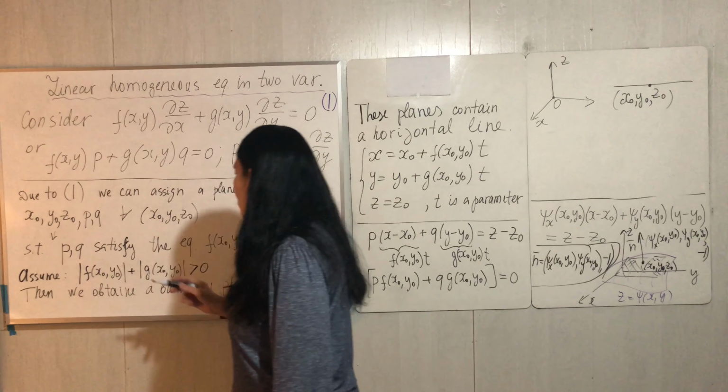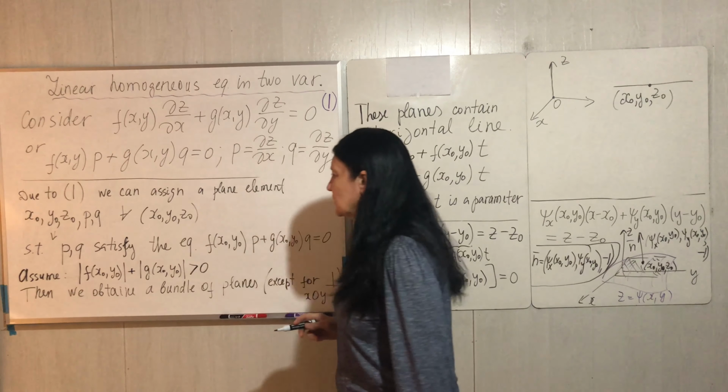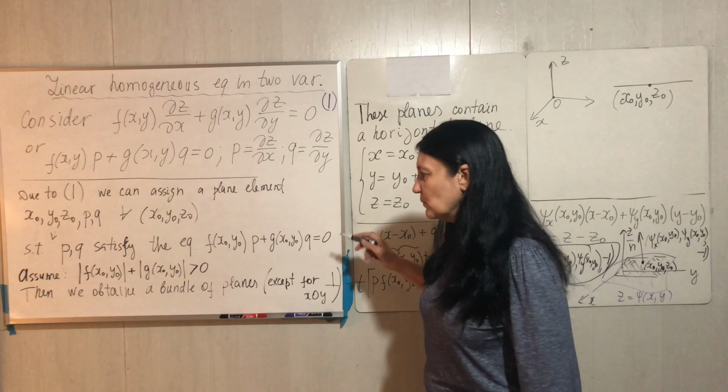And we can assign this plane element such that our p and q satisfy this equation, so that will be f at x0, y0 times p plus g at x0, y0 times q.